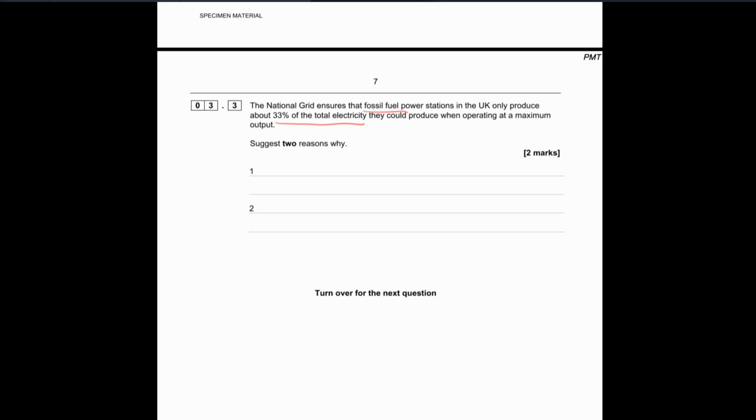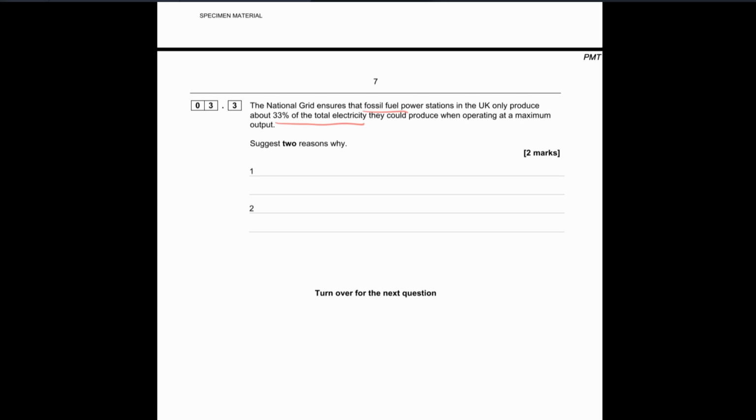If you had them at maximum output, we'd produce 100% of our electricity, but instead we only want to produce 33% at any one time. So why? Why would we not want to operate them at 100% capacity and have that as the design?